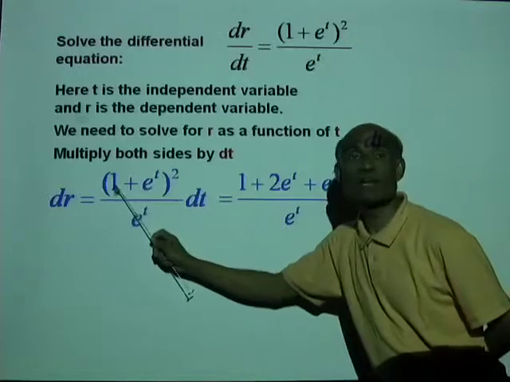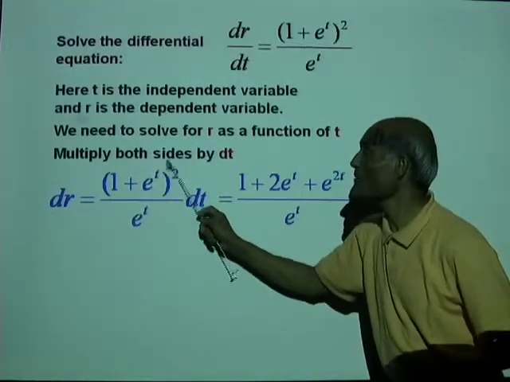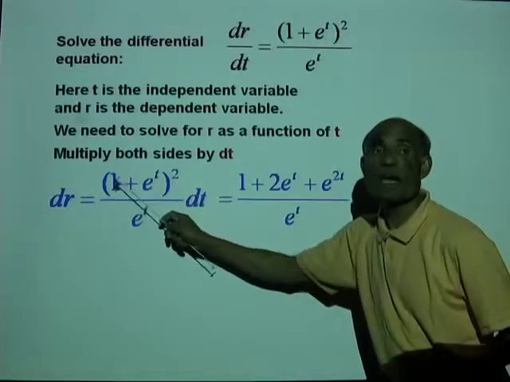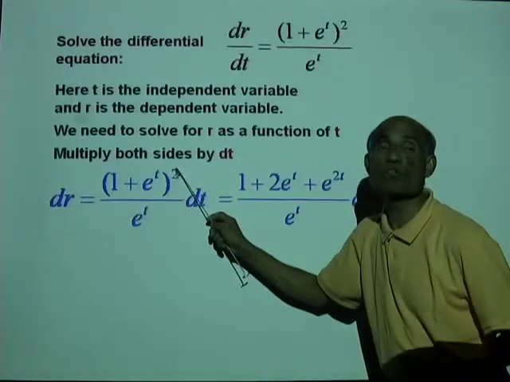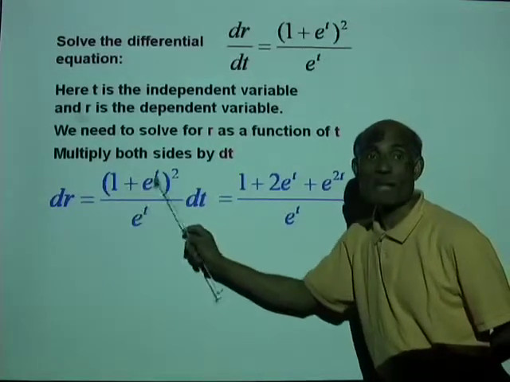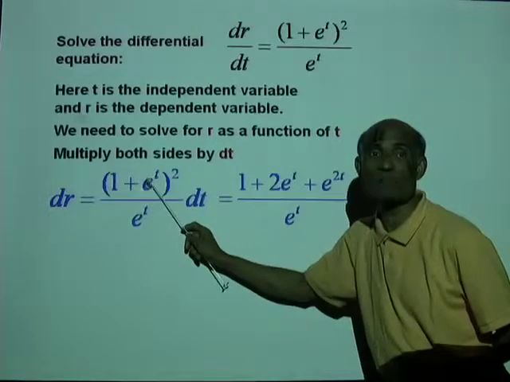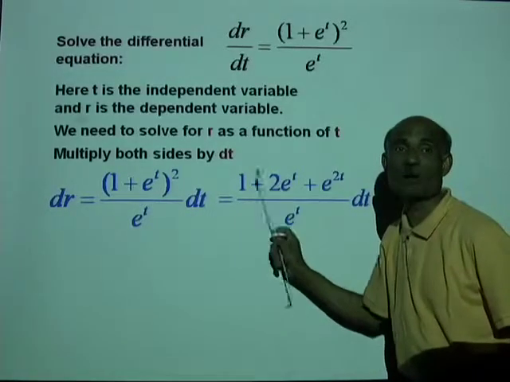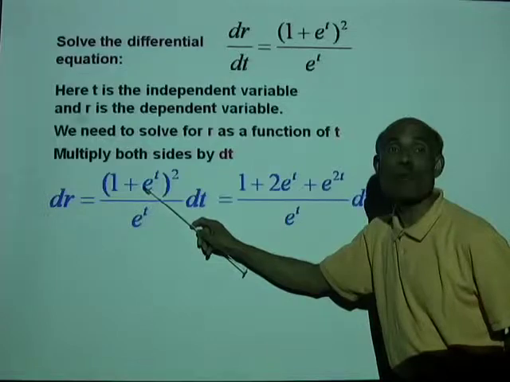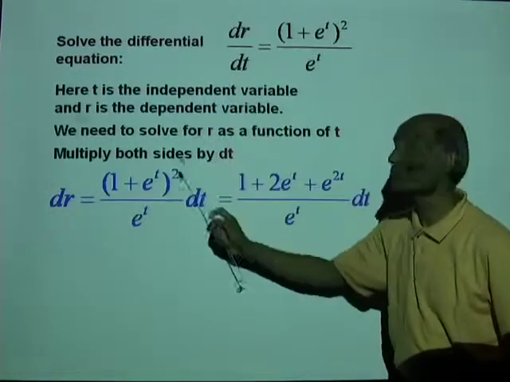But before that, let's expand the numerator. What is 1 plus e to the power of t all to the power of 2? A plus b all squared is a squared, that is 1 squared, plus 2ab, 2 times 1 times e to the power of t, there you are, plus b squared, e to the power of t raised to the power of 2.